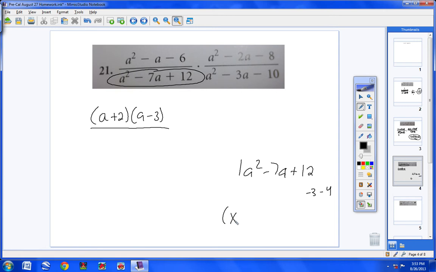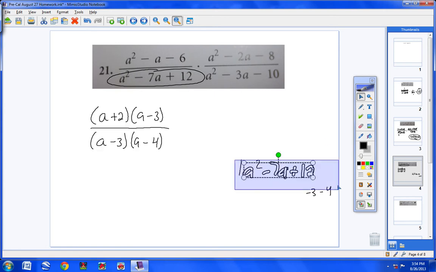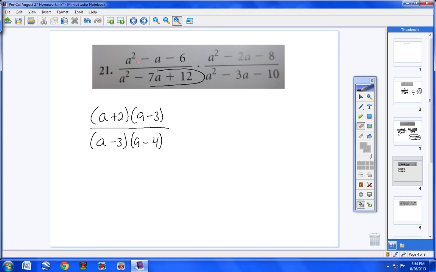So my factorization would be, I'm so used to using x all the time, a minus 3, a minus 4. All right, that's your factorization. So let's grab it real quick and drag it up here, and let's continue on. There we go.